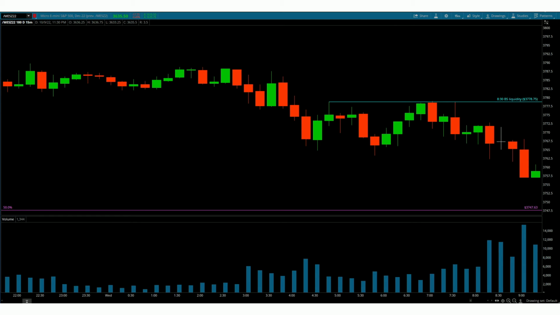All right, so now dropping down to a 15-minute time frame, this is the action that we were seeing pre-market. As you can see, what I did over here was I've drawn the 830 buy side liquidity, the 37.78 and three quarters, where it was around the equal highs.